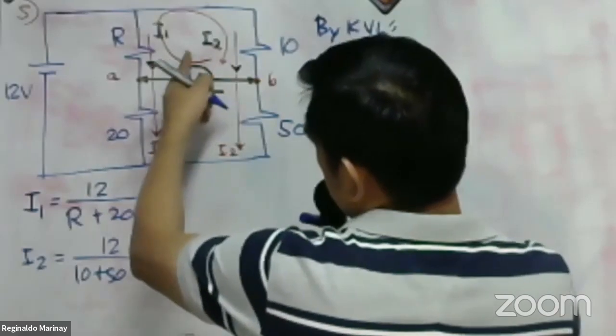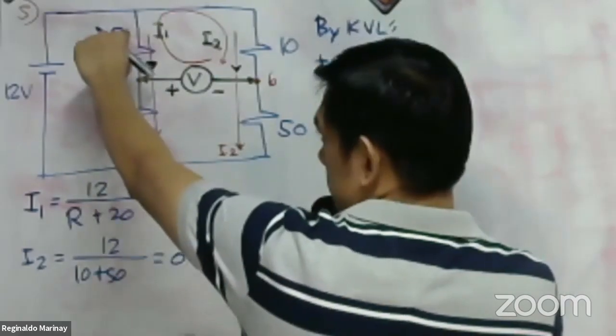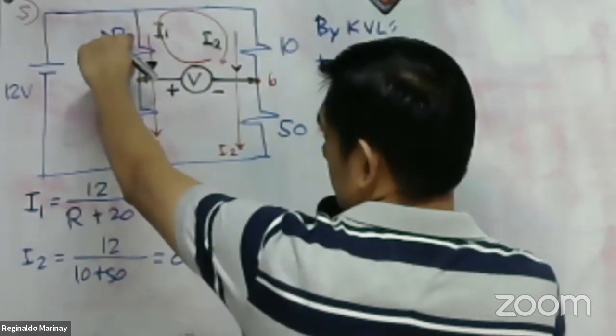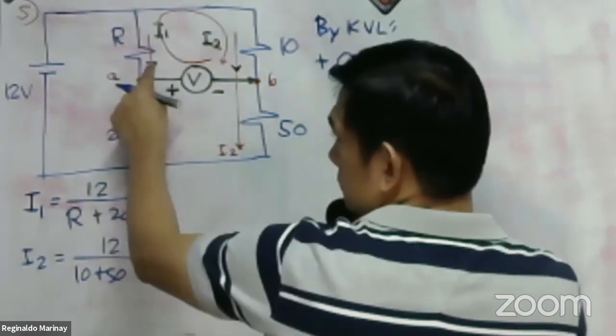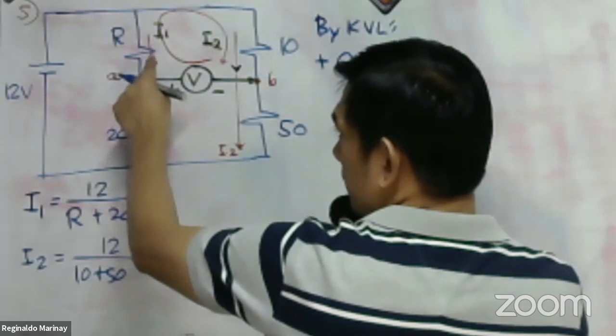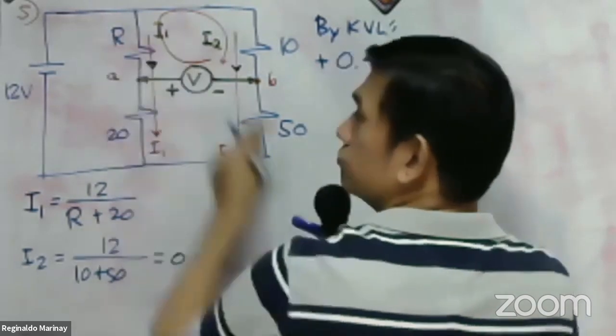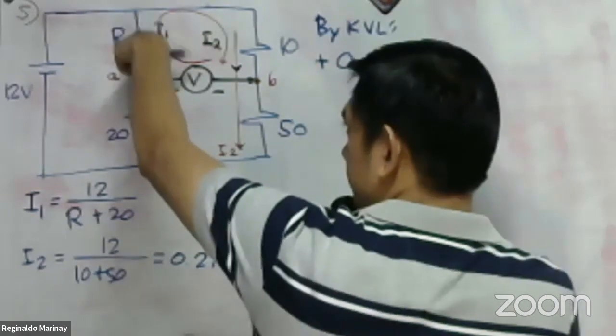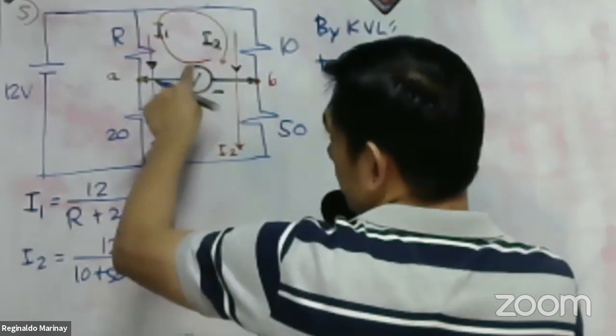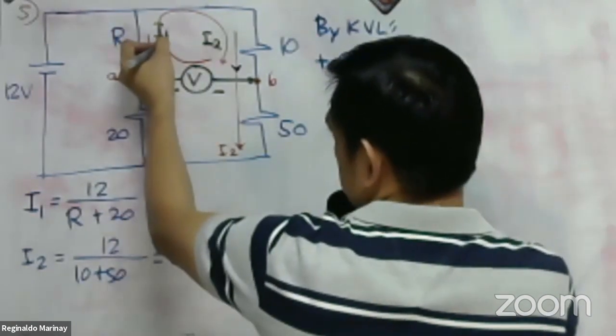What about here for R? For R, I1 is the current flowing through R. That is downward. And then the circuit tracing is upward.